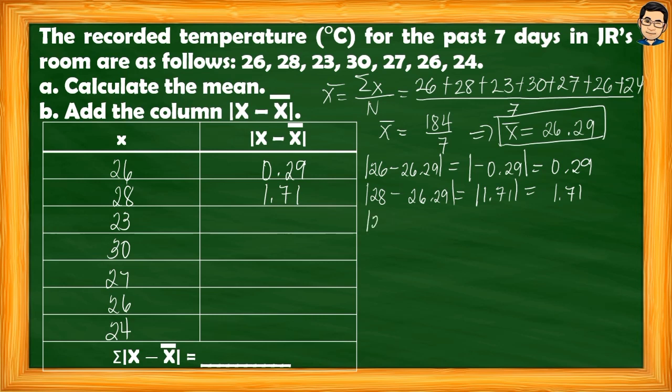Next, 23 minus 26.29. So, 23 minus 26.29 will have negative 3.29. Yung absolute value niya is 3.29.